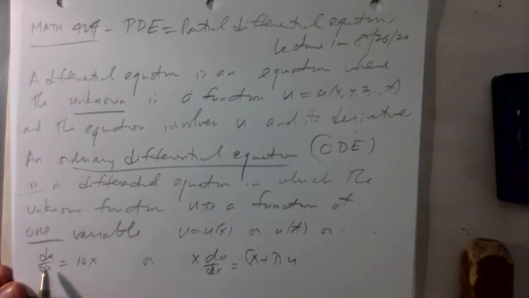So these are equations where the unknown is the function u, and the derivative somehow appears inside the equation. Okay, that's an ordinary differential equation.